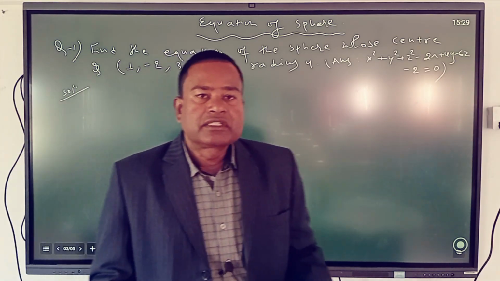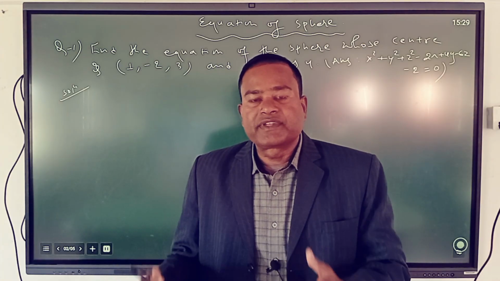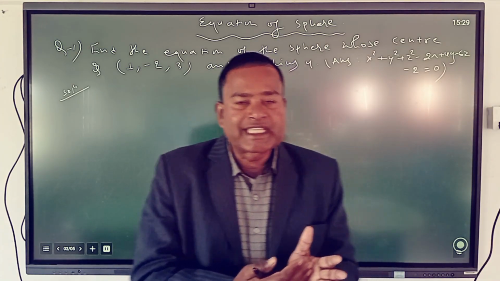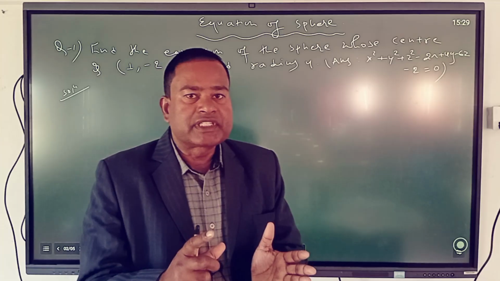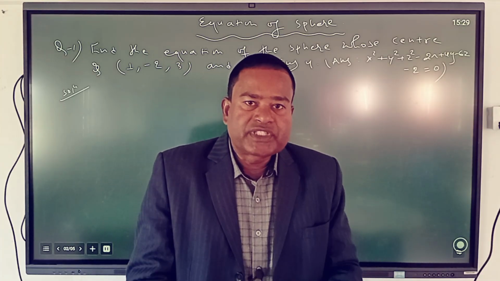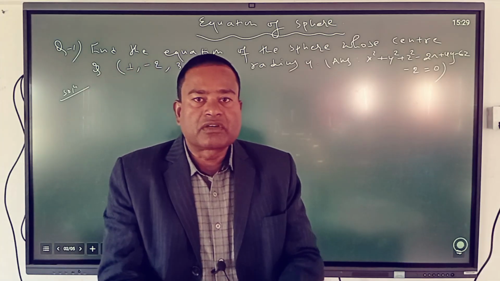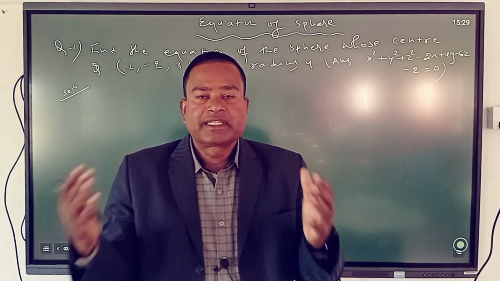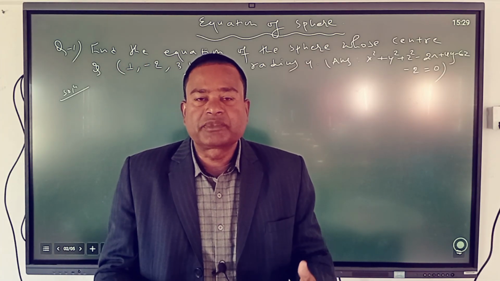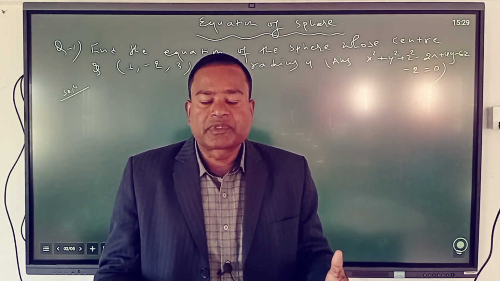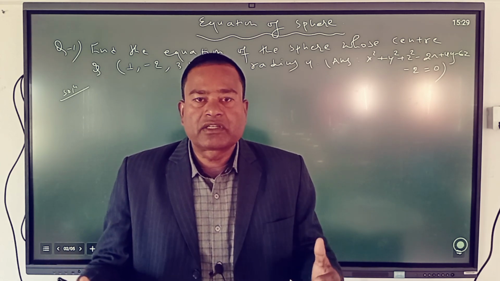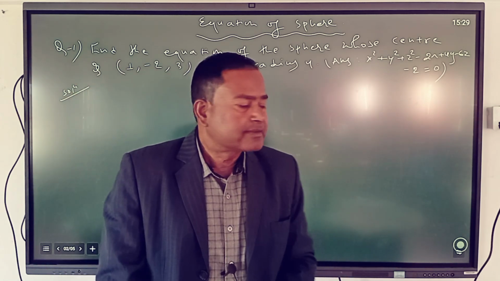In order to find the equation of a sphere, we are given the center and the radius, and by using them we are going to find the equation of the sphere by using the distance formula. So this is one of the applications of the distance formula.